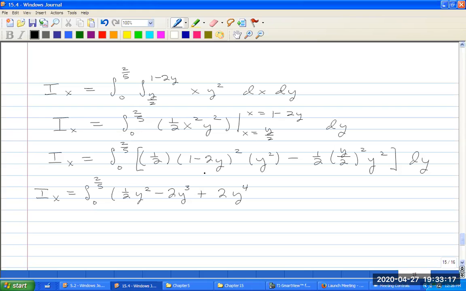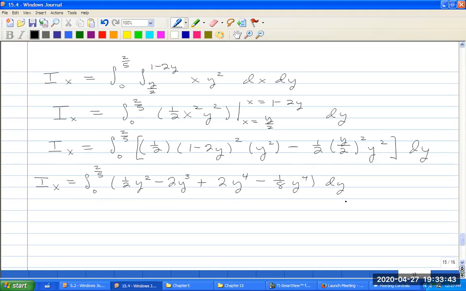Sorry, the middle term was wrong because it's a minus 4y. The 2's cancel, then multiply by y squared. Sorry about that. Plus, minus, 2 squared is 4 times 2 is 8, 1/8 y to the 4th, dy.